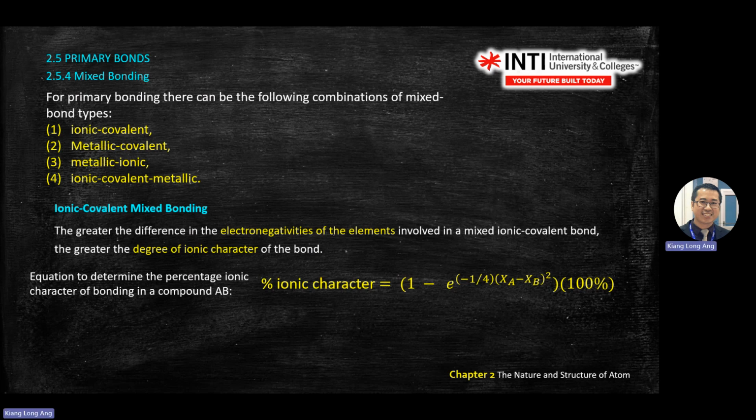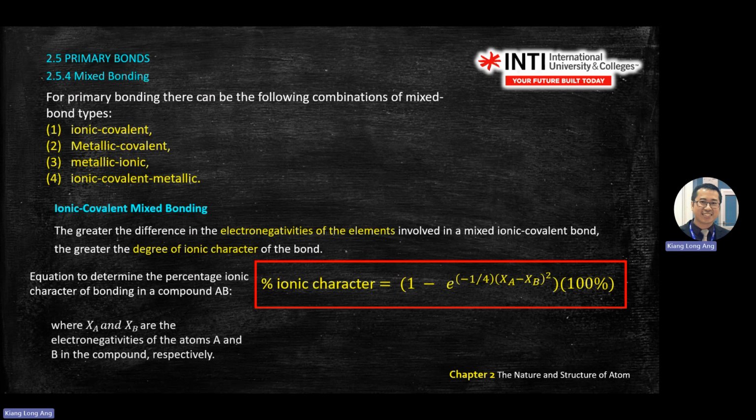So the first thing, calculating the ionic character means how many percent this one is ionic. For example, if it is more ionic, it has more ionic plus covalent kind of behavior. XA and XB are electronegativity.